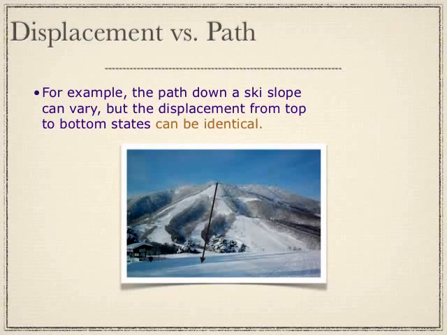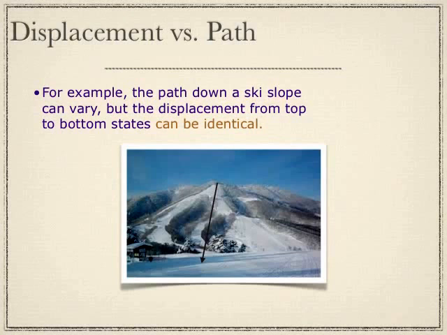Displacement versus path, as we saw, is not the same thing. Another example: say you're at the top of a ski slope and you're skiing down. The path down a ski slope can vary, but the displacement from the initial position at the top to the final position at the bottom can be identical.